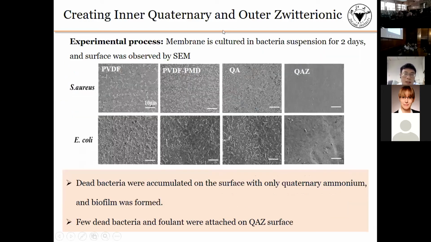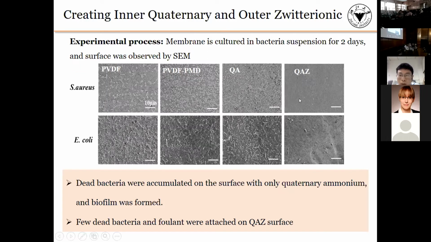And in this figure, we also found that after soaking this membrane in the bacterial suspension for 2 days, after the quaternization process, there are many bacteria accumulated on the membrane surface.